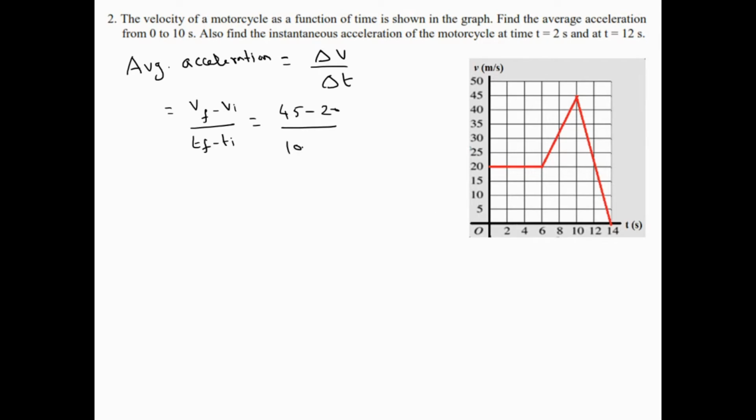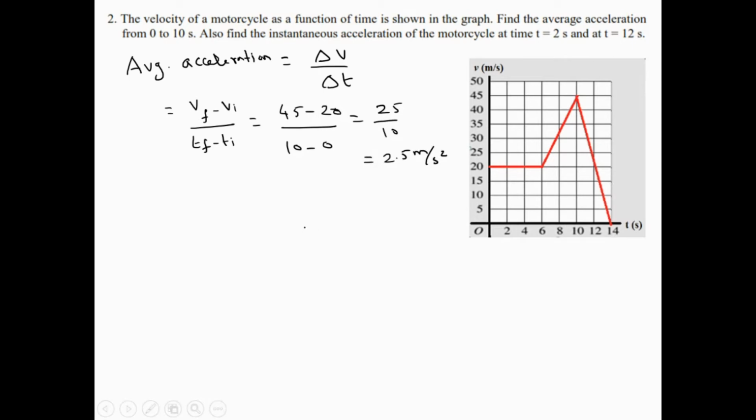So 45 minus 20 gives you 25, and 10 minus 0 is 10. So 25 divided by 10 gives you the value of 2.5 meter per second square.